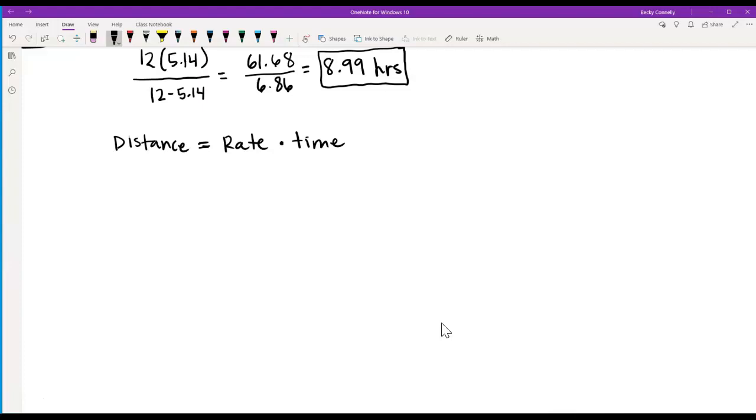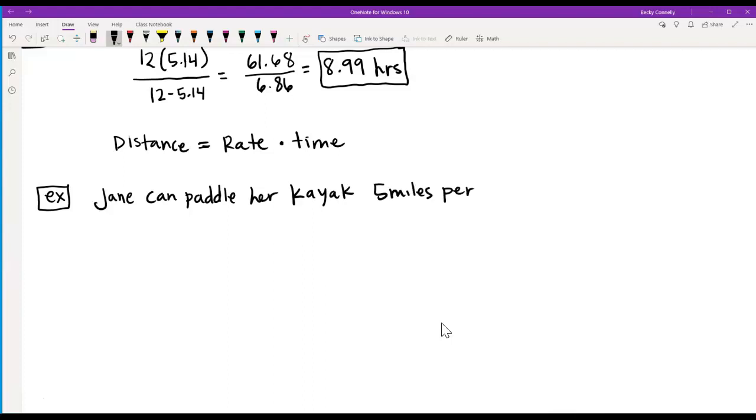So let's look at one example that you'll see something like on your homework. Let's say that Jane can paddle her kayak 5 miles per hour in still water.